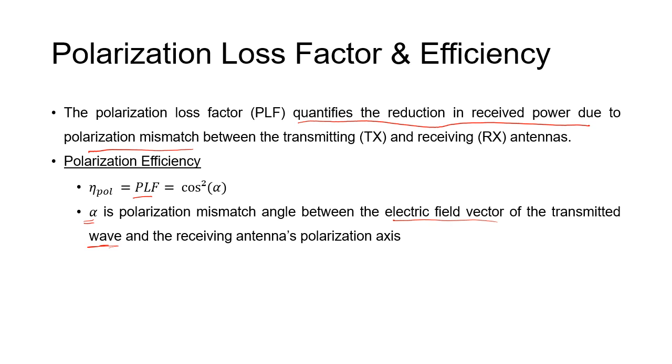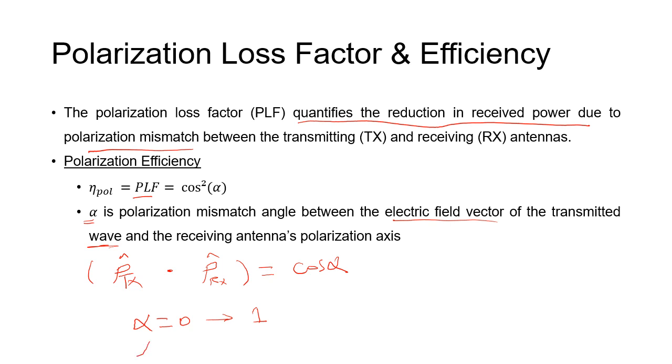So if the direction of the electric field of the transmitted wave is rho tx, and rho rx for the receiving antenna, then if we take the dot product of these two vectors, we will have cosine alpha. And if alpha is equal to 0, then our PLF will be 1.